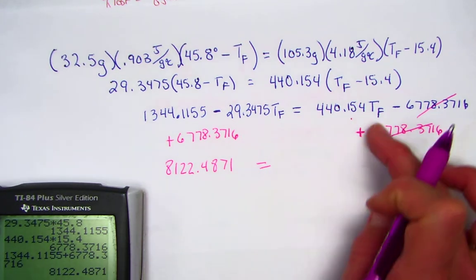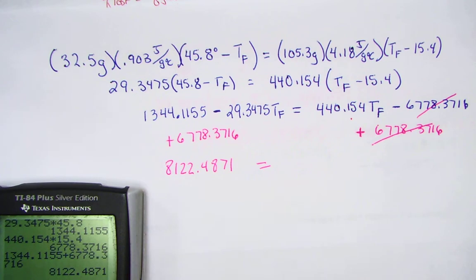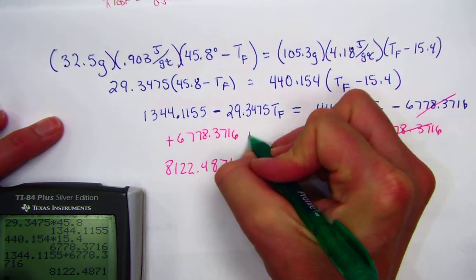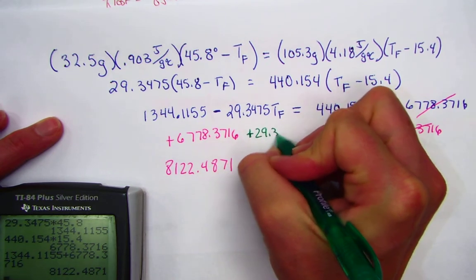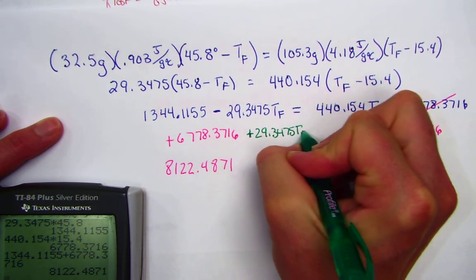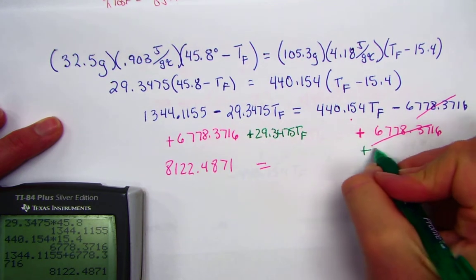We want to bring the variable to the right-hand side. So we're going to need to add 29.3475 to both sides of the equation.